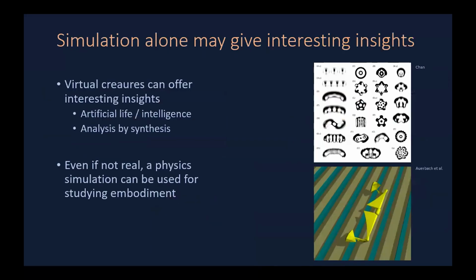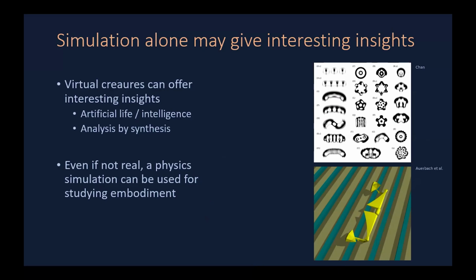But it's absolutely interesting to look at simulation alone. It can give quite interesting insights. For example, virtual creatures can give lots of interesting ALIFE results, like studying different species that result from evolution.